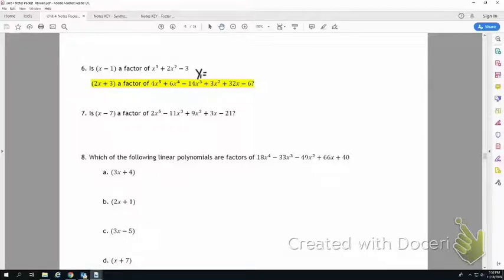Negative 1.5, because the linear factor is 2x plus 3. So you would set that equal to 0, subtract 3, and divide by 2. Now look up and down your table for negative 1.5.